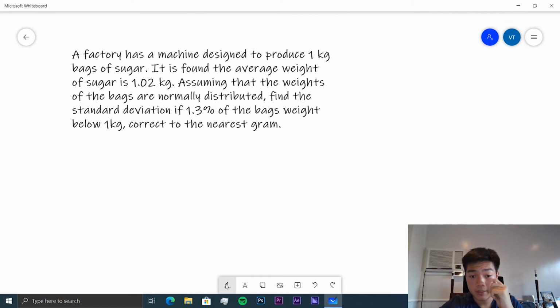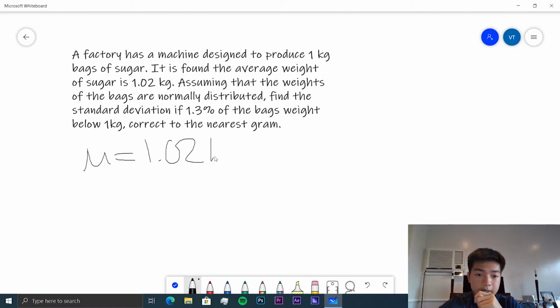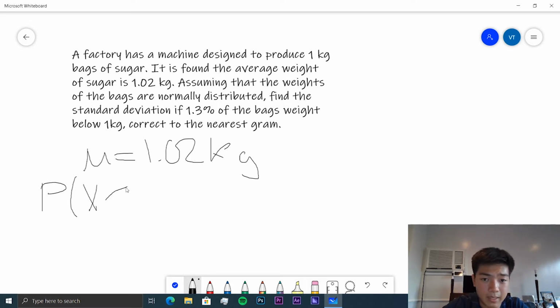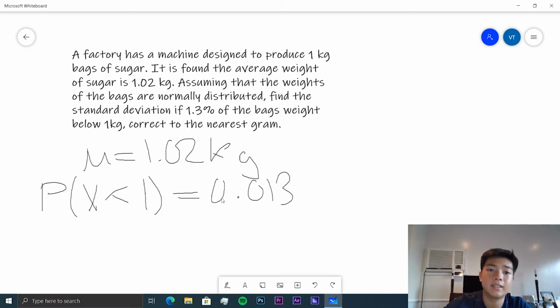So the mean is equal to 1.02 kg, and the probability that this random variable is less than 1 is equal to 0.013. And we have to find the standard deviation.